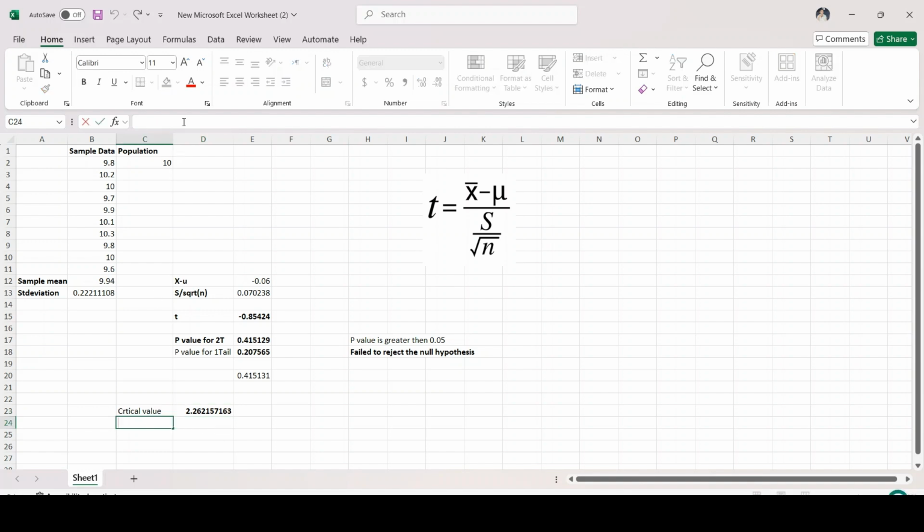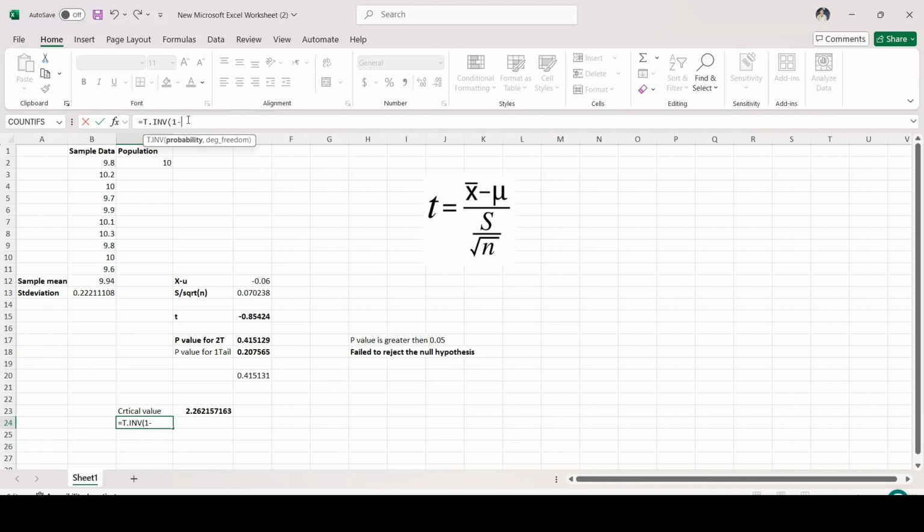So you can also find it with T.INV, right? You have to see whether you are looking for a right-tail test or a left-tail test. If it is only a one-tail test on the right tail, that means we are looking at the right side, not the left side.